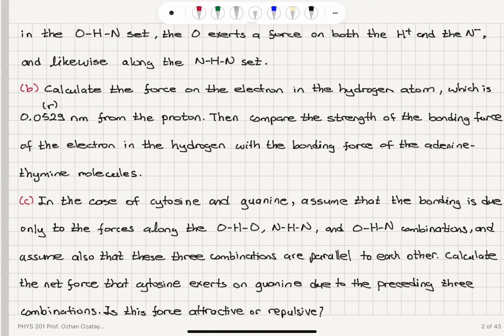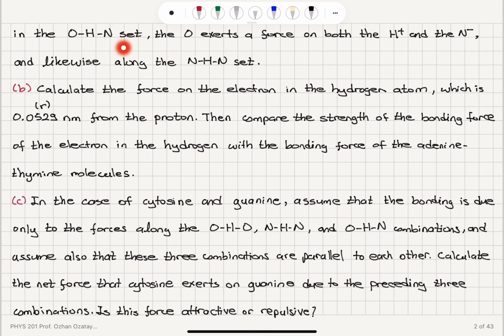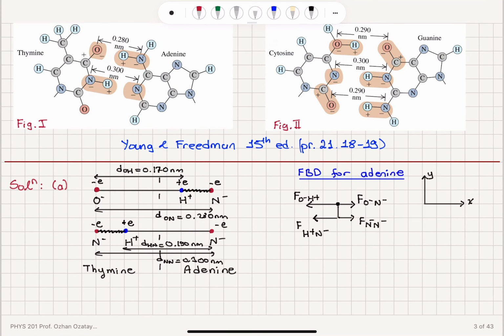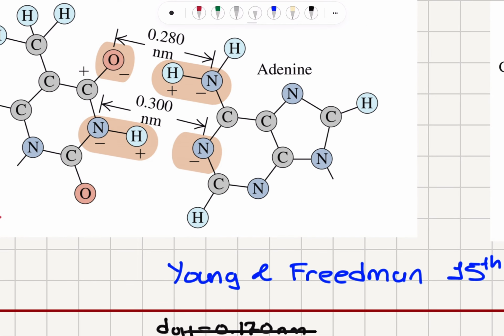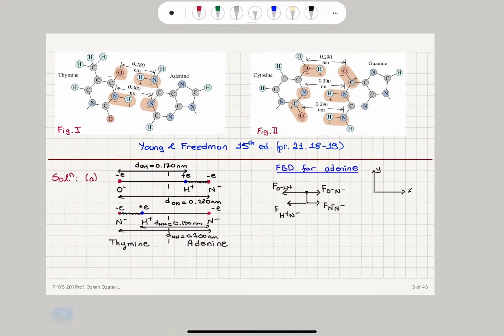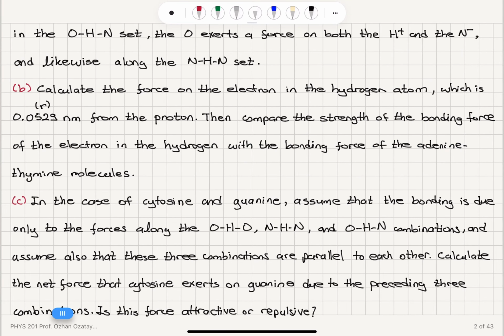Remember, however, that in the oxygen-hydrogen-nitrogen set, the oxygen exerts a force on both the hydrogen plus and nitrogen minus, and likewise along the nitrogen-hydrogen-nitrogen set. So oxygen minus exerts a force on hydrogen plus and nitrogen minus, and this nitrogen minus exerts a force on hydrogen plus and nitrogen minus. So those are the forces we need to consider.